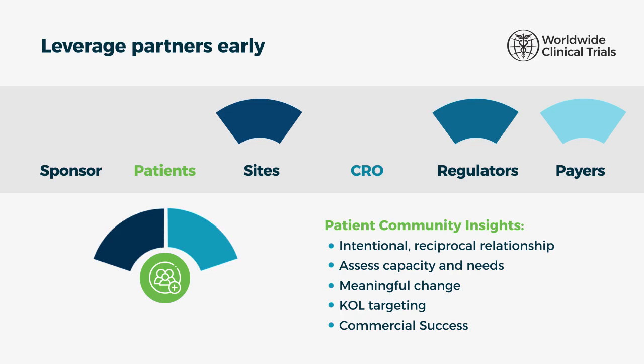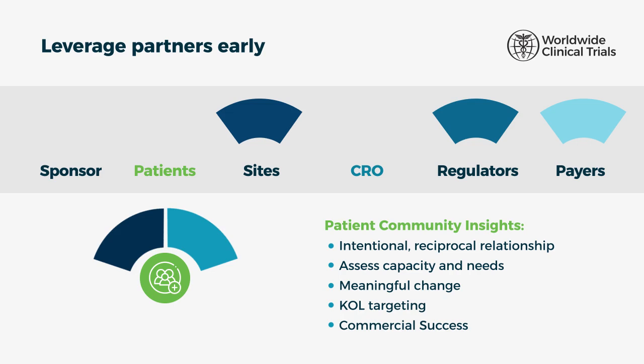This really involves assessing the capacity of that advocacy organization or that community and what their needs are, looking for ways to have a true give and take, and learning what meaningful change looks like for that community. What is that definition? And it can be really helpful to learn which clinics and which physicians they think so highly of that they are already engaged with.